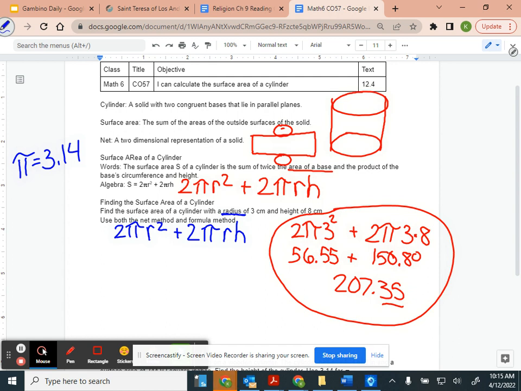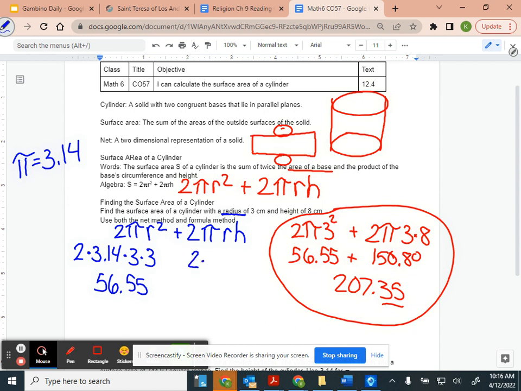So if I write it all out, 2 pi r squared is 2 times 3.14 times 3 times 3, because that's what r squared is, 3 times itself. So you put into your calculator what you're multiplying, and that's when we get 56.55 if you use the pi button.